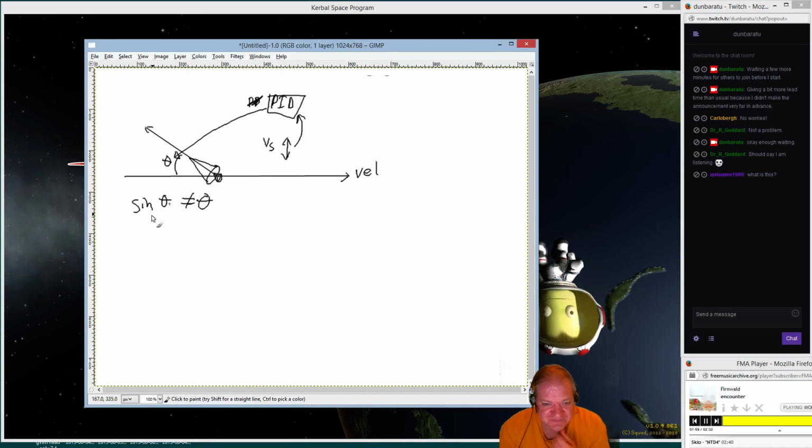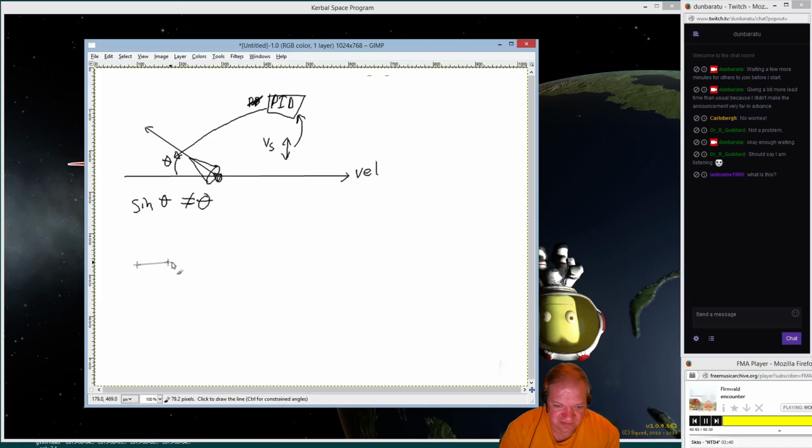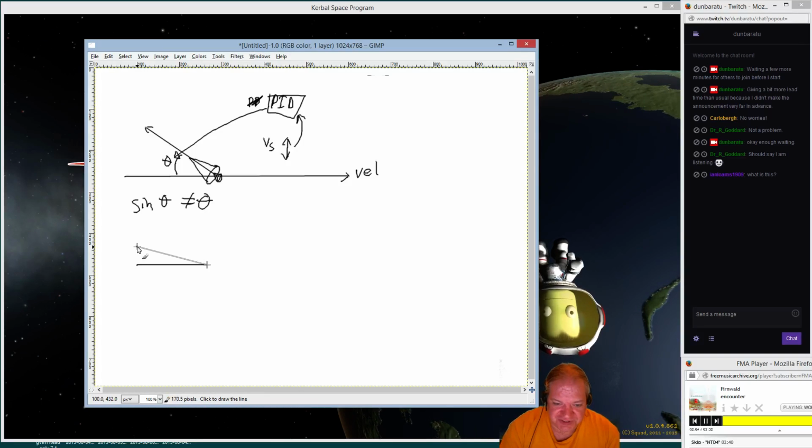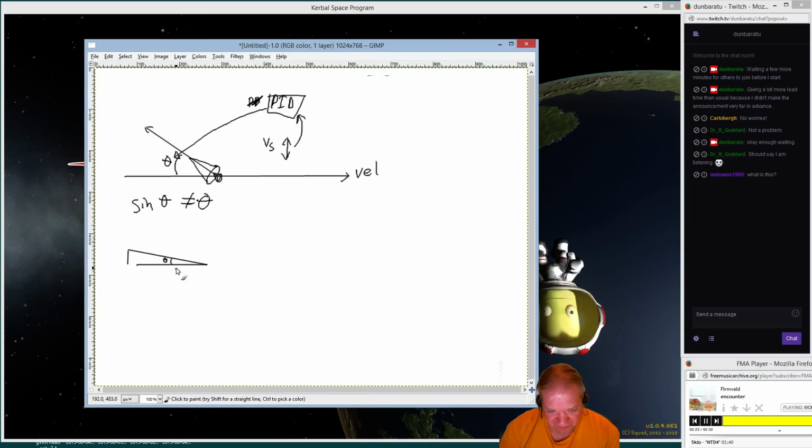Part one is this. If you have a very tiny angle, the sine of that angle is going to be roughly the same as the angle itself if you're talking radians, which we usually aren't in kOS, but for the moment, let's just think about this as if we were.